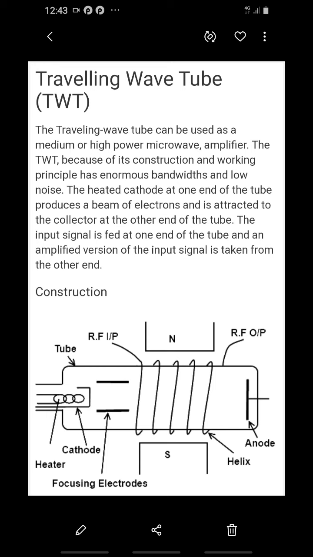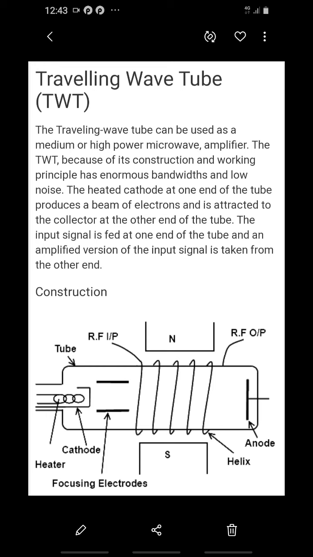The input signal is fed at one end of the tube and an amplified version of the input signal is taken from the other end.